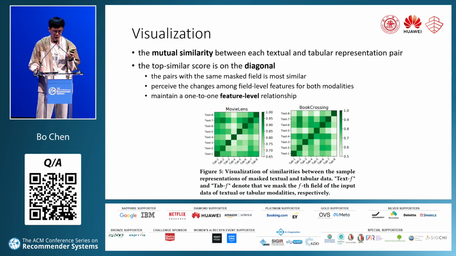Then we calculate the mutual similarity between each representation pair, and the result is shown in the heat map. The top similarity scores are on the diagonal, which is for the pairs with the same feature field. This result indicates that FLIP can capture the changes among the feature-level features and maintain a one-to-one feature-level relationship between the different modalities.